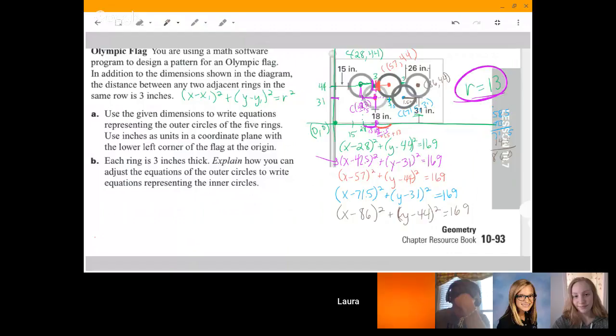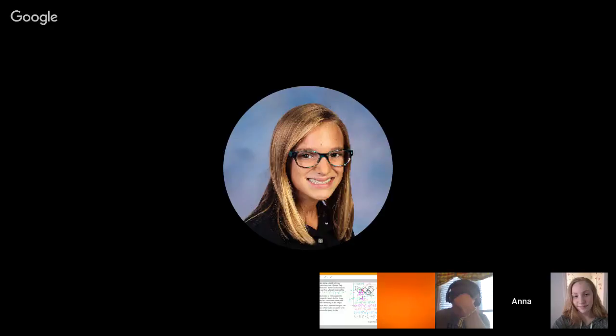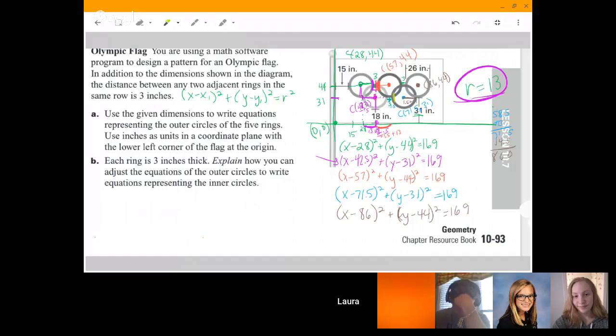We use too many colors. We'll use neon green. If we know that this circle is 3 inches wide and we did the outside, how would that change the equation for the inside circle?